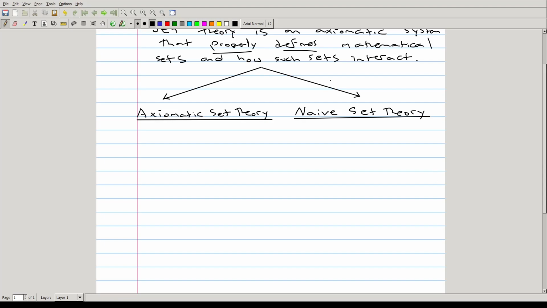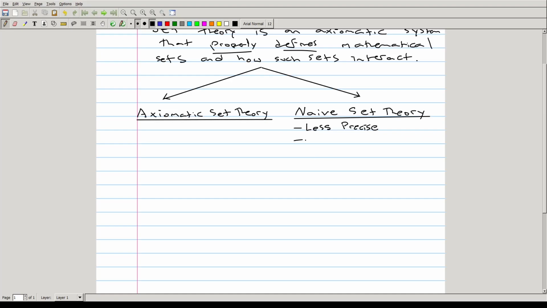However, some of the negative things of naive set theory is that it's a little bit less precise. What I mean by that is that sometimes constructions don't appear evident, where they're coming from.